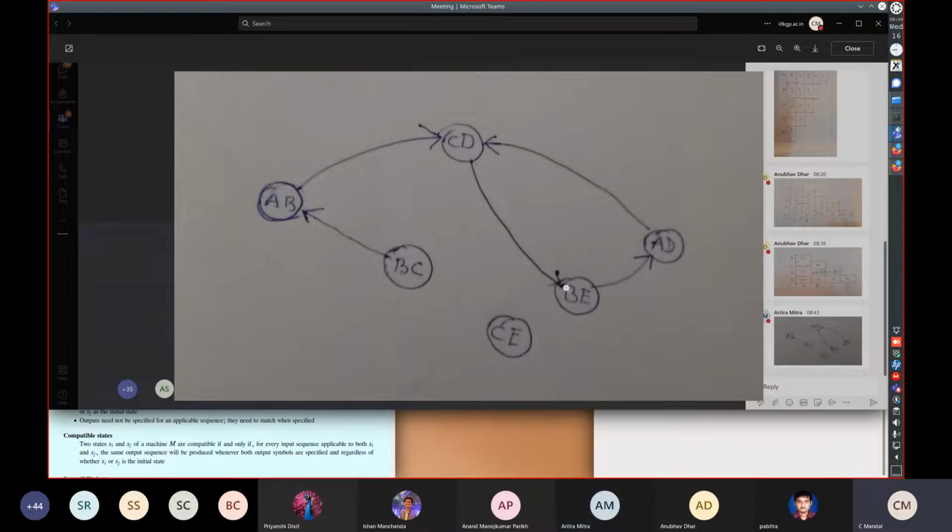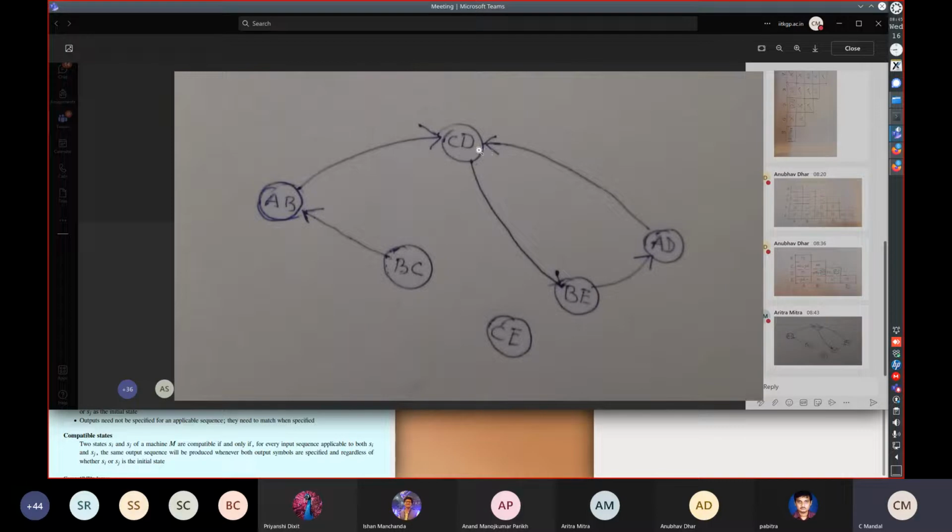CD, BE, and AD. So that covers, yeah, that's an interesting observation. Now, when you take CD and AD, you find that D happens to be in both the sets. All right. D happens to be in both the sets, right?